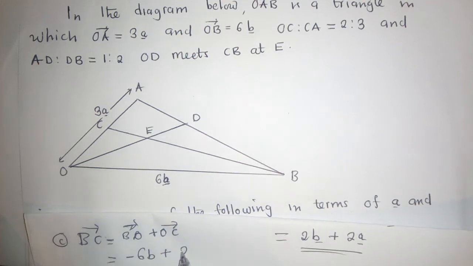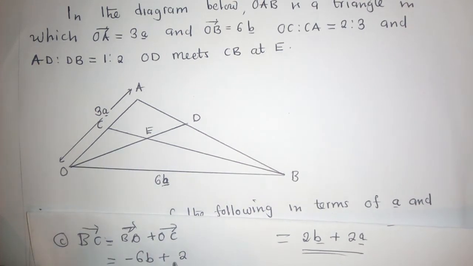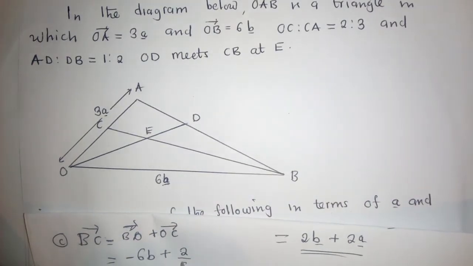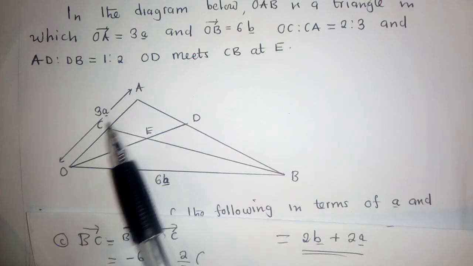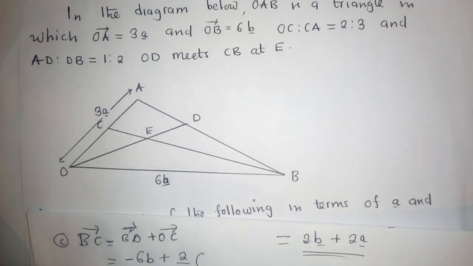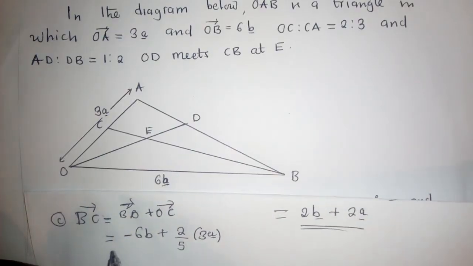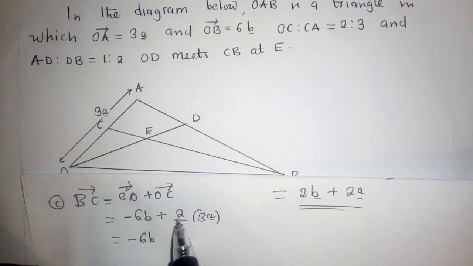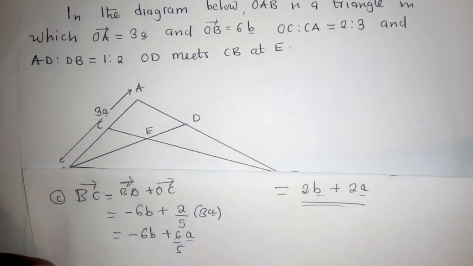We get the number which is representing that position, which is OC. 2 over the total number of these two, which is equal to 5, and then multiply by the total vector, which is this side. In this case, it's 3a. So now we can clean it up from this stage. We have -6b. Here it will be 6a over 5.